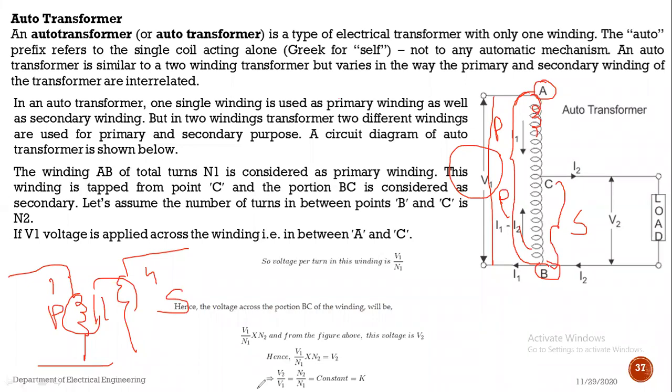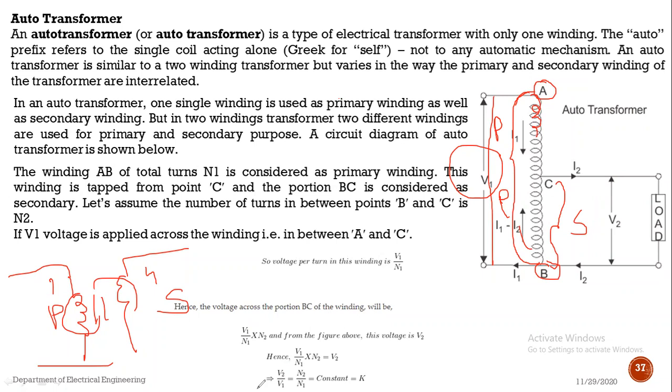In an ordinary transformer, the primary and secondary windings are not electrically connected, but they are magnetically coupled to each other. So the EMF induced in the secondary coil is due to magnetism, that is, a magnetically induced EMF is induced in the secondary. In an auto transformer, there is an electrical connection between the two windings.